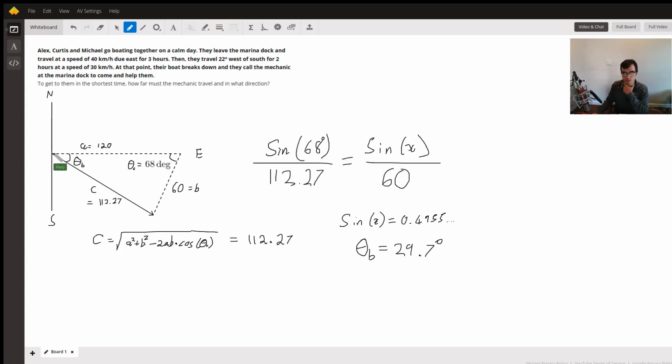That is their direction relative to east that they're going to have to go.